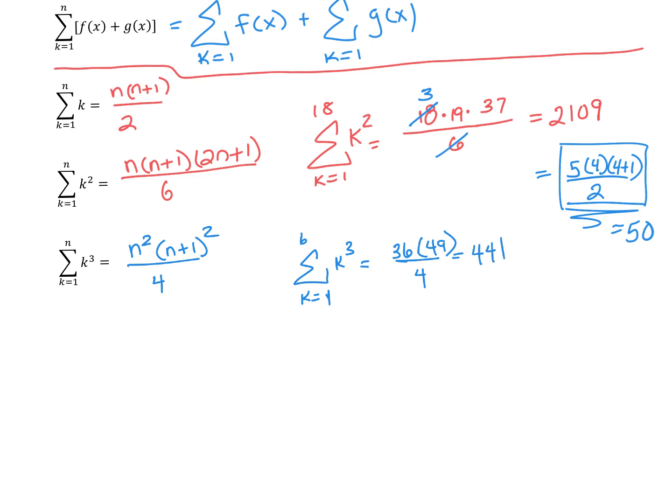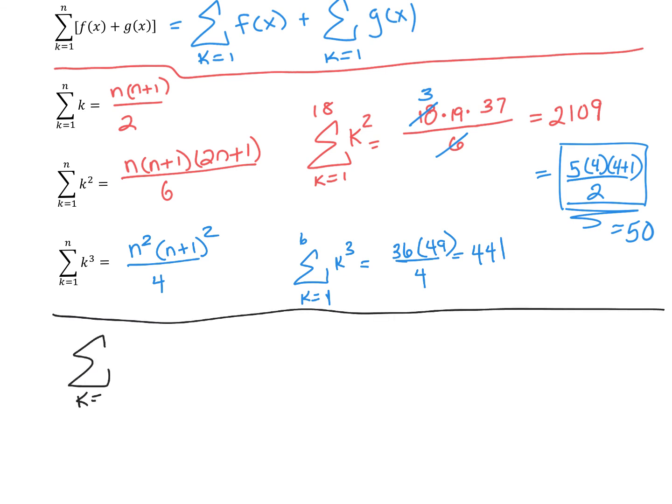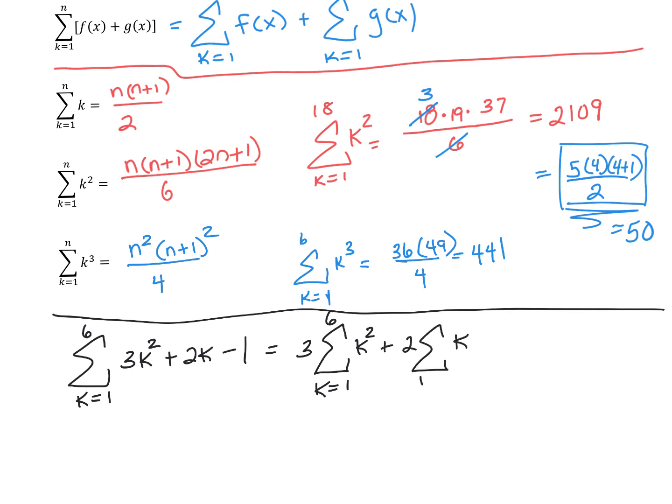So let's just do one example with all of these. For example, k equals 1 to 6 of the 3k squared plus 2k minus 1. In this particular case, we would take each term because we're using the sum or difference. So we'll have, bringing the 3 out in front, 3 times the sum of the k squares plus 2 times the sum of the k's minus the sum of the constants, k equals 1 to 6.